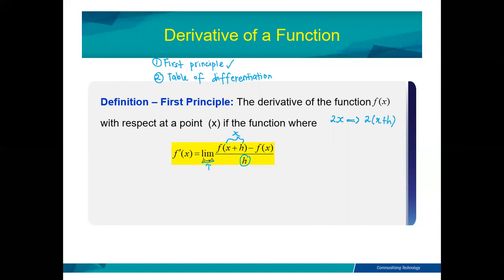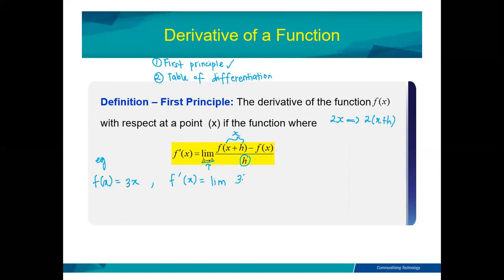So, for example, I have f of x equal to 3x. So f prime x equals the limit of f of x plus h. What is the function f of x plus h?